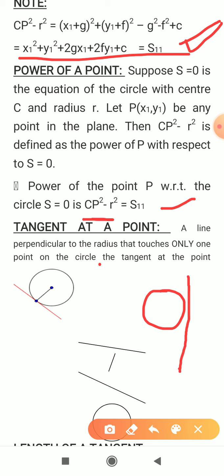This is one tangent, this is another tangent. So tangent at a point is one tangent at the common point. Tangents from a point means two tangents drawn from an external point. This is the main difference.